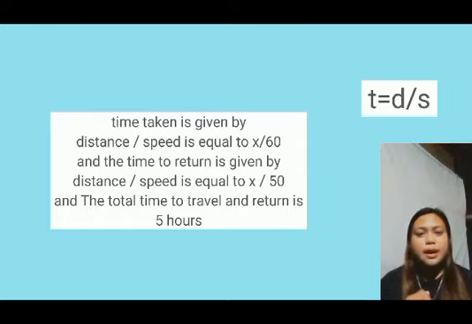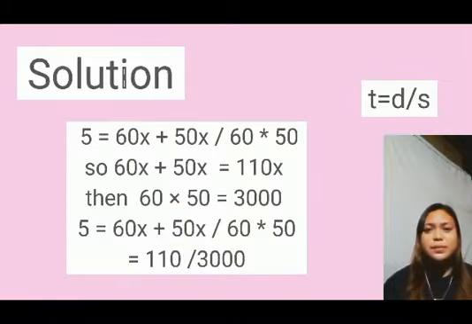The total time to travel and return is 5 hours. We will use the t equals d over s formula. So 5 is equal to 60x plus 50x over 60 multiplied by 50. So 60x plus 50x is equal to 110x over 60 times 50, which is 3000.